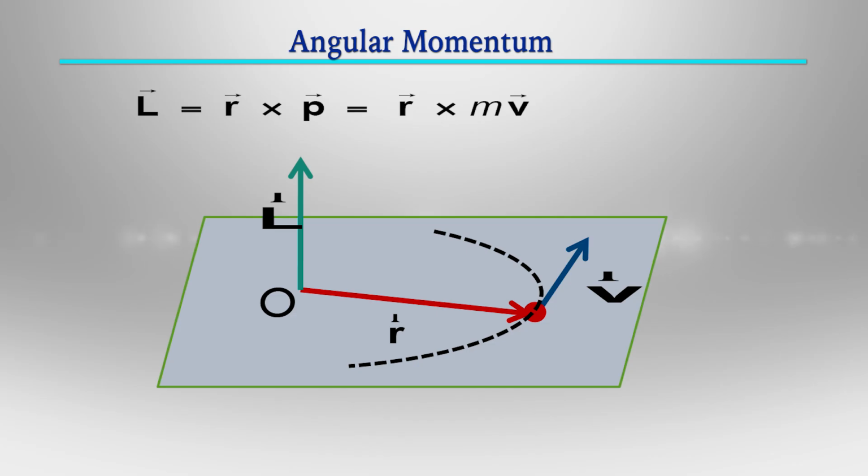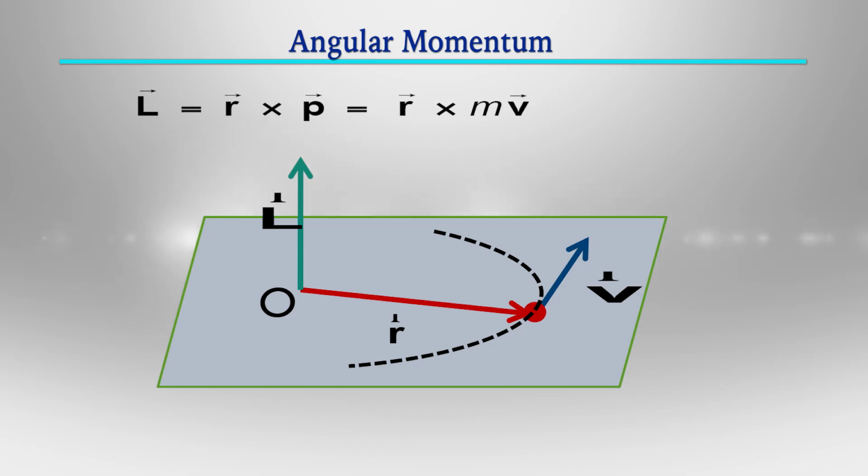So basically the angular momentum is r cross mv. m is a scalar quantity, so we are interested in the vector product of the position and the velocity of the particle. The angular momentum is going to be directed at right angles or perpendicular to the plane containing the position vector and the velocity vector.